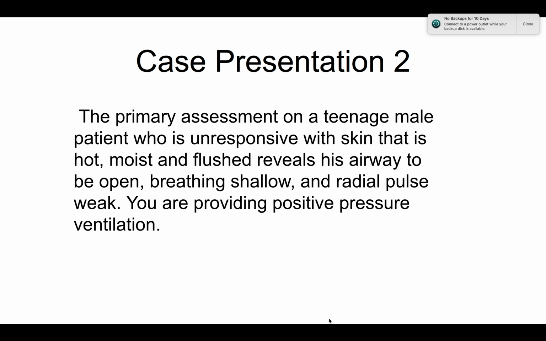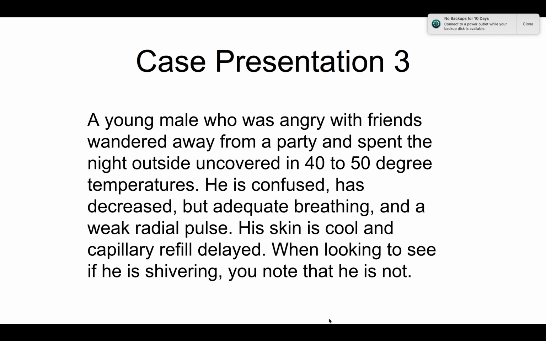So in this one, the skin is hot, moist, and flushed. This patient is probably heat exhaustion transitioning to heat stroke. This patient is a more advanced case of hypothermia now, since he is no longer shivering.